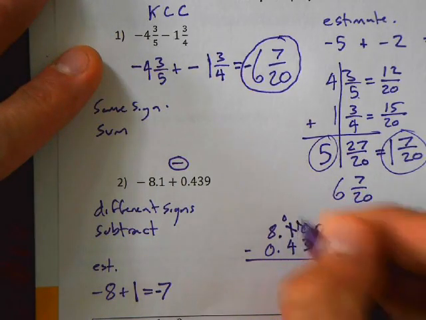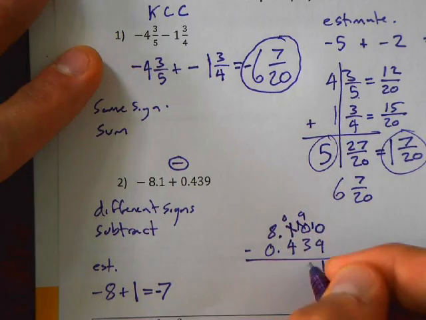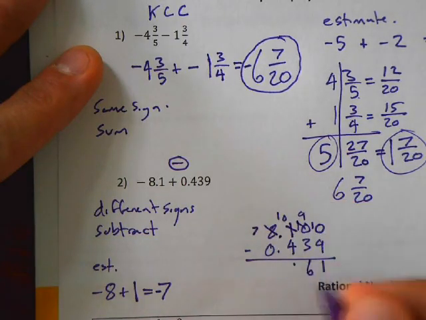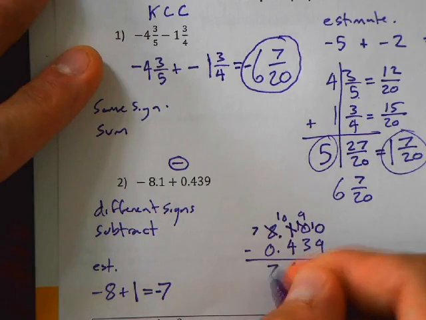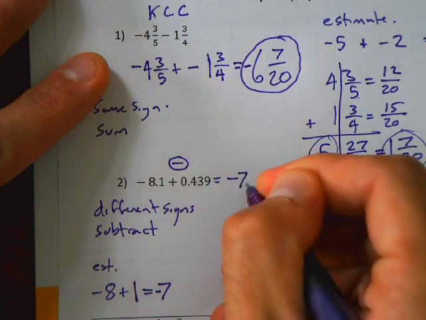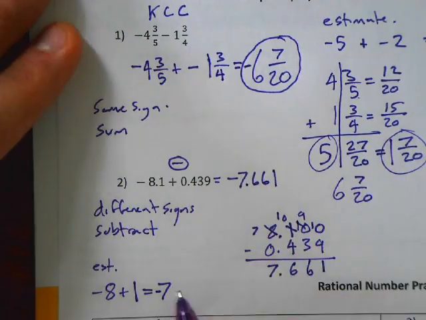It's not my favorite thing, but I'll do it because I have to. Which means my final solution is -7.661, which is close to what we estimated.